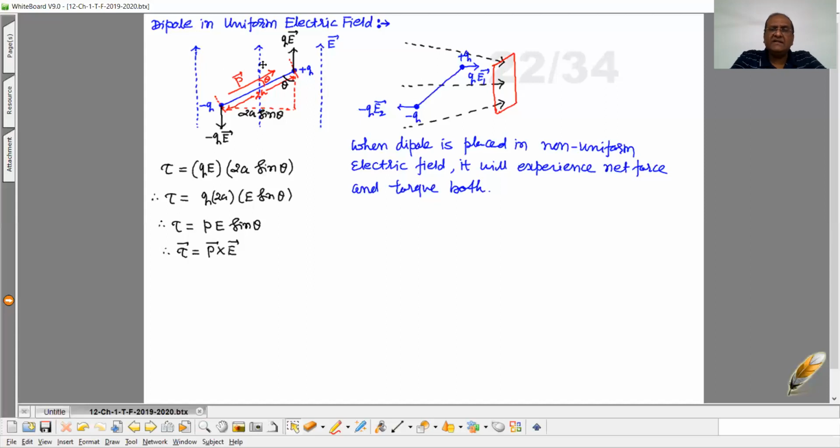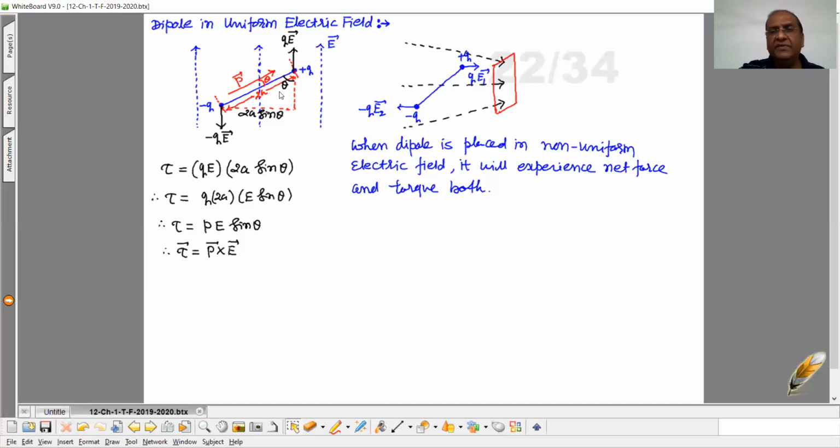So at present the electric field is in the direction as shown in the figure, and that is the uniform electric field. Now suppose the dipole is placed in the uniform electric field at angle theta with respect to field. Angle theta is considered between dipole moment and electric field.